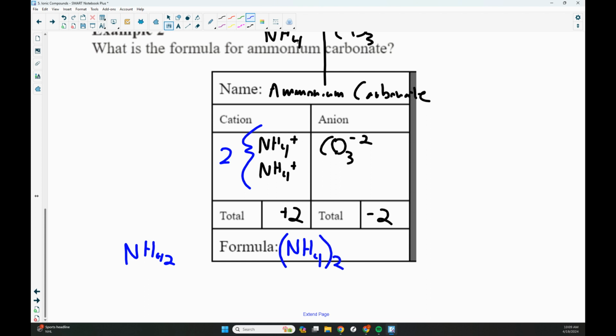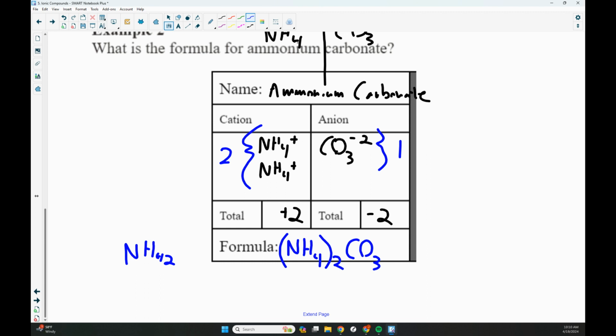And then I'm going to put the 2 outside of the parentheses. And then that 2 applies to everything in the parentheses. So I've only got 1 carbonate up here, so I'm just going to put CO3. Notice I don't put the charges on the ions when they're in the compound because technically the compound has a neutral charge. I only put the charge on the ions when they're written by themselves.